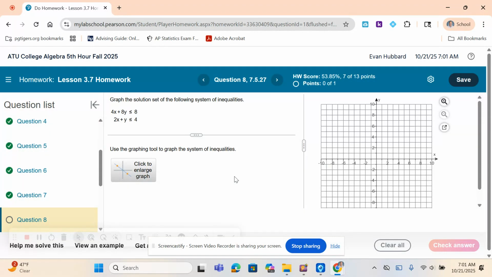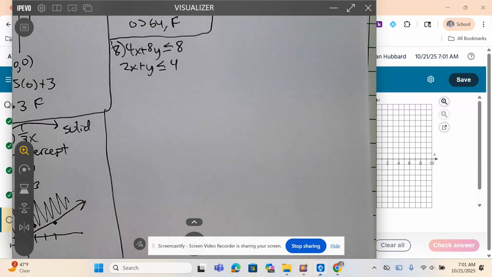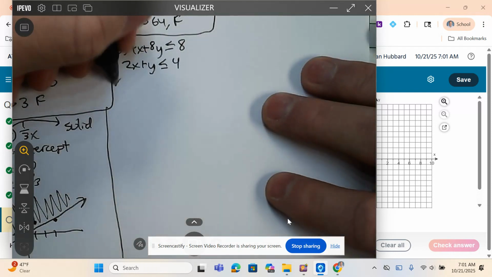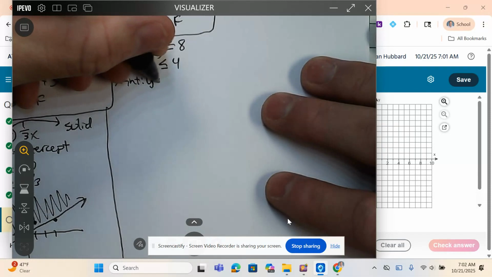Number 8, now we're going to do systems here. So 4x plus 8y is less than or equal to 8. 2x plus y is less than or equal to 4. Okay, so I could graph these separately here. I'm going to start with the first one and do the intercept method. To find the x-intercept, make y equal 0.